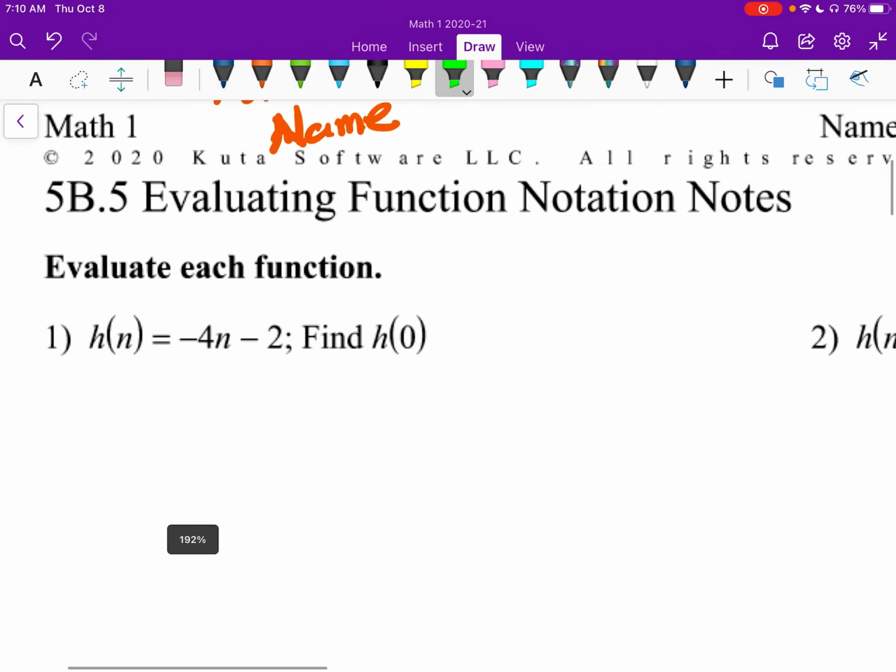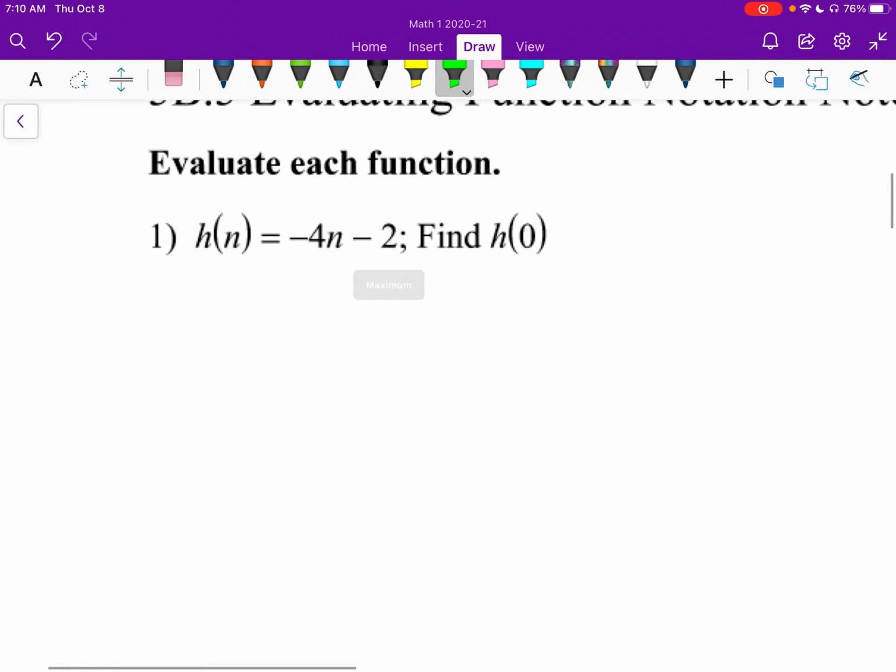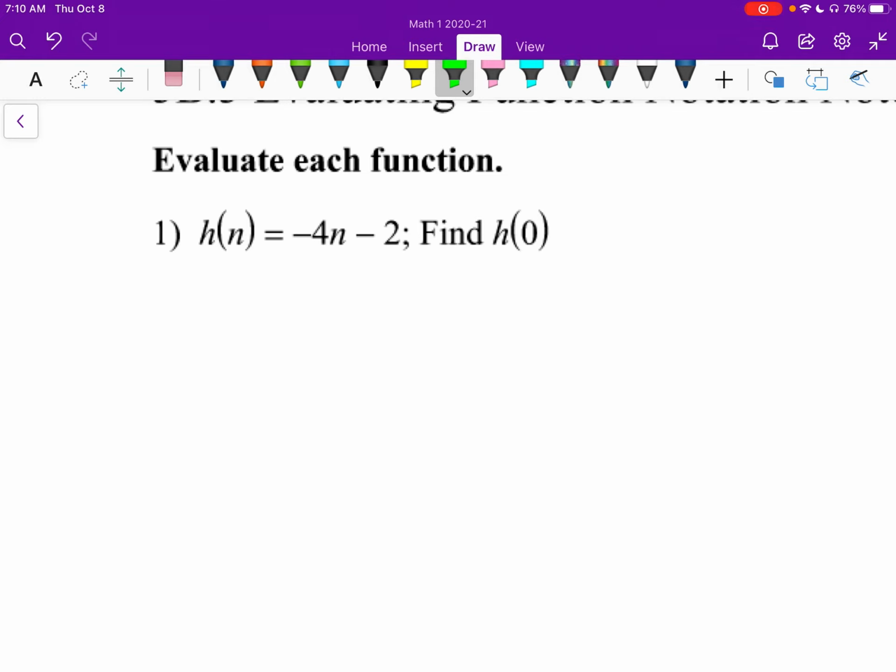Let's look at number 1. So number 1, we have a function h, the variable is n, and then it is equal to negative 4n minus 2. And the problem says evaluate or find h of 0. What that means is plug in a 0.